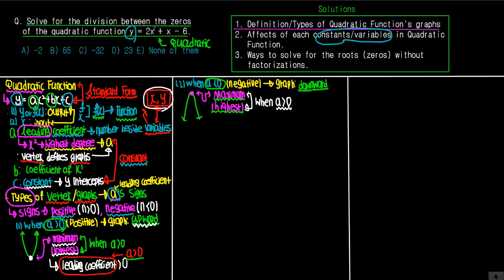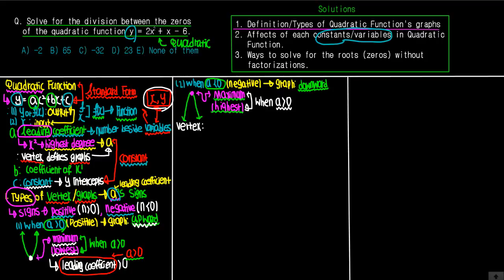This will be the second case of our quadratic function types of graphs and a vertex. From here, we might think about what the definition of our vertex is. That is the most important thing that we are seeking throughout the whole quadratic function system.